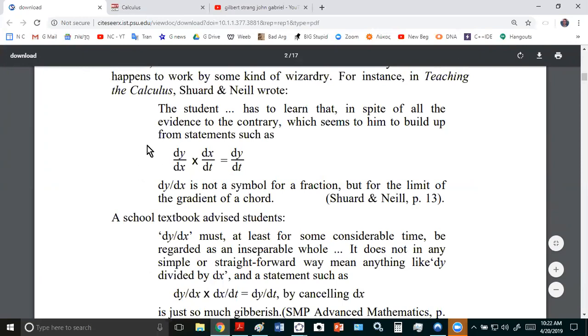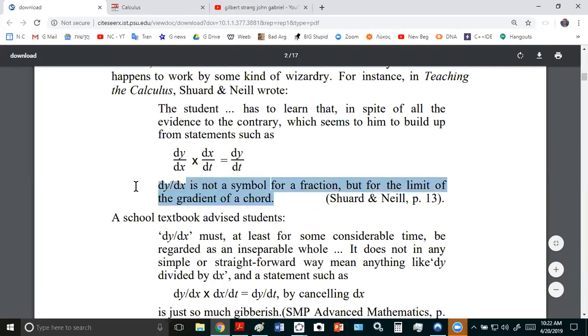So here's what they wrote about differentials. The student has to learn that, in spite of all the evidence to the contrary, which seems to build up from statements such as dy/dx multiplied by dx/dt is equal to dy/dt, dy/dx is not a symbol for a fraction, but for the limit of the gradient of a chord.